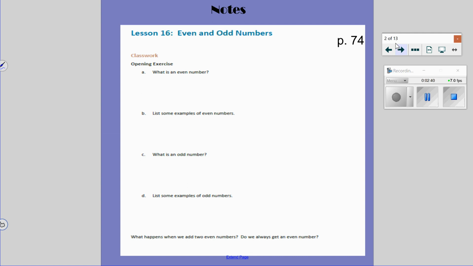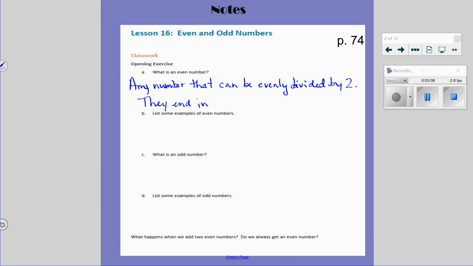So an even number, any number that can be evenly divided by 2. Now there is another commonality to all even numbers. They end in what? 0, 2, 4, 6, or 8.